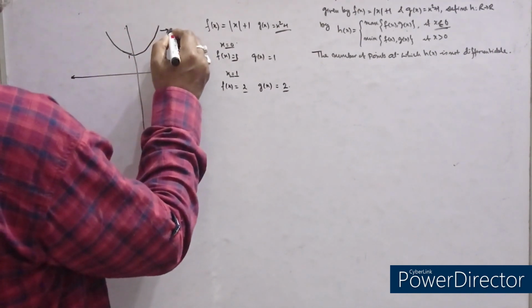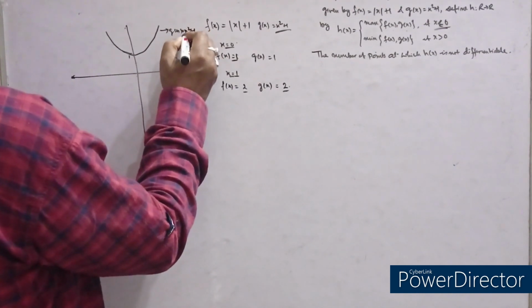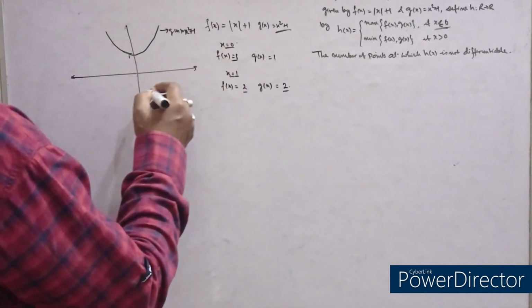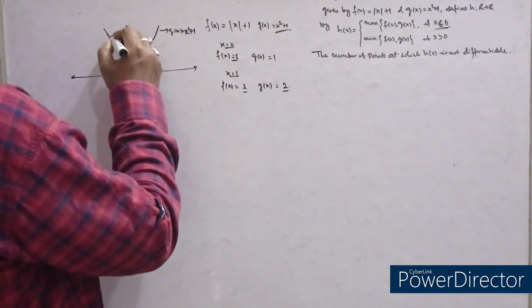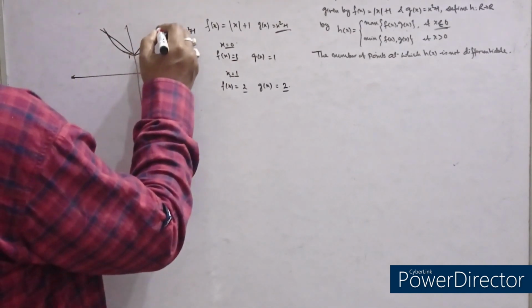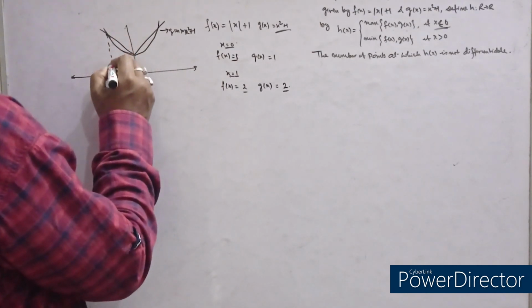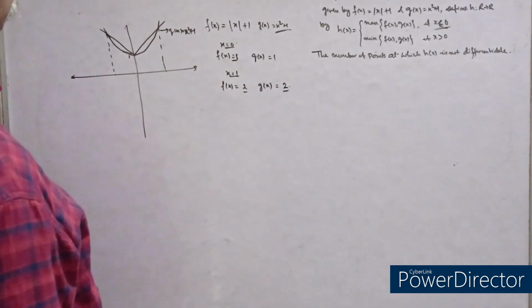This will be the graph of g(x) = x² + 1. The graph of this function will be somewhat like this. And for this modulus, your graph will be somewhat like this. So this is the point of intersection.